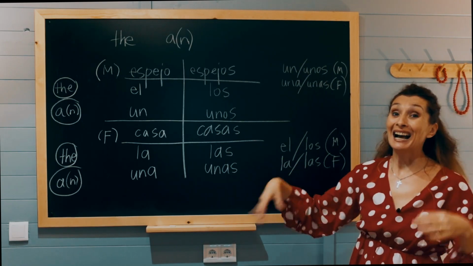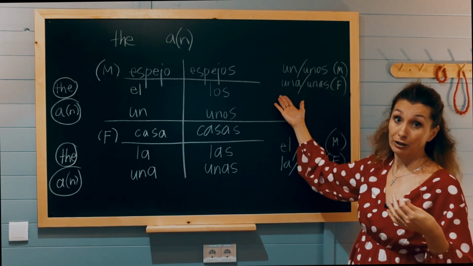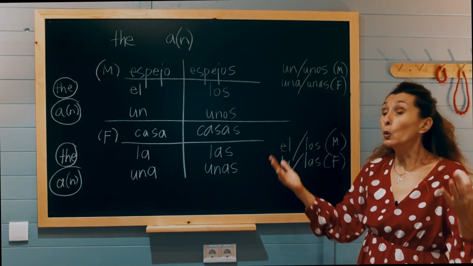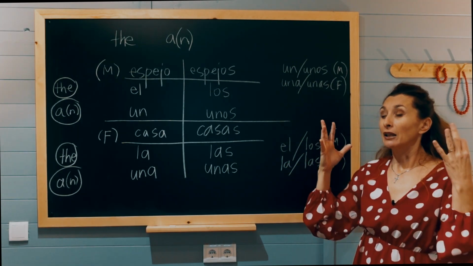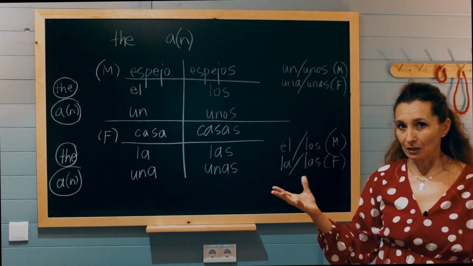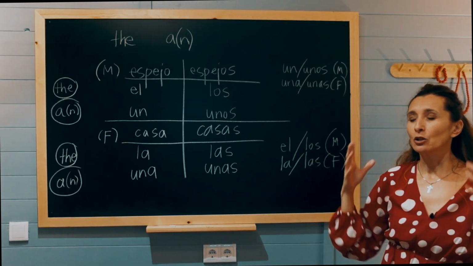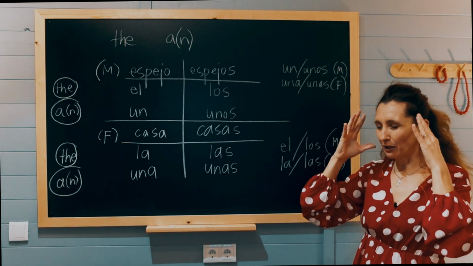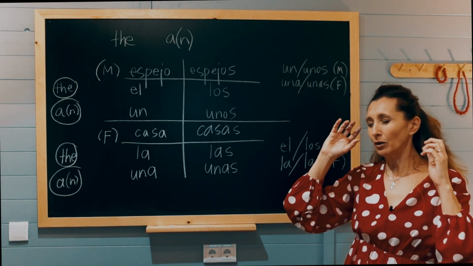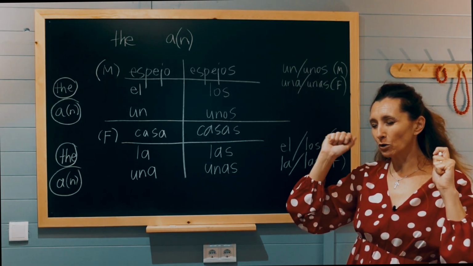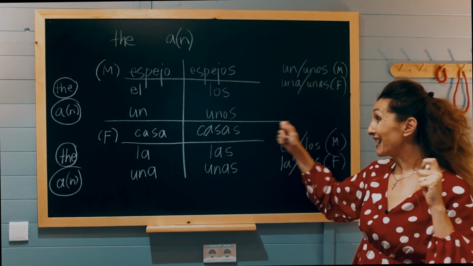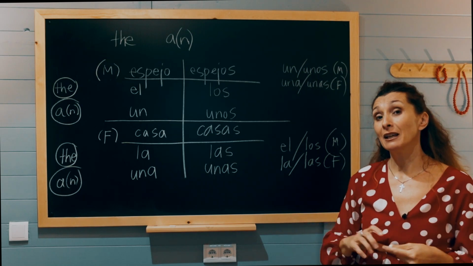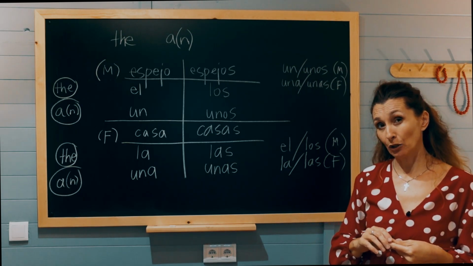And when you say la casa, or if you prefer to use the indefinite one, una casa, that you are not only learning the word casa, you also want to store the information that casa is a feminine noun in Spanish, okay?